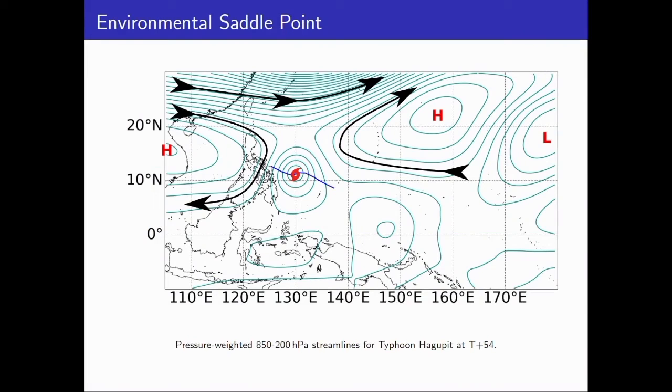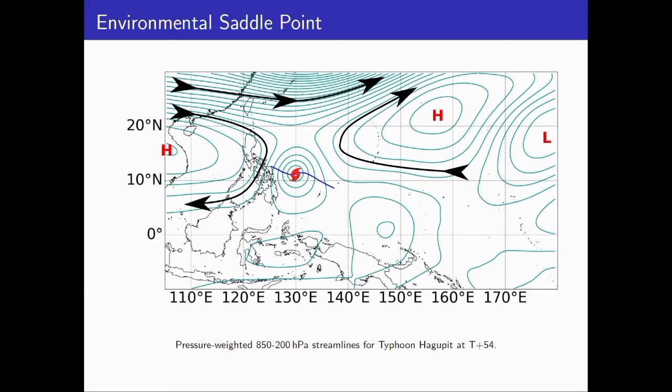So you can think this high pressure system wants to drag the storm to the north, make it recurve away from the Philippines, compared to the east, where the high pressure system is trying to drive the storm across the Philippines. And this is what we've seen in our original ensemble forecasts. So it suggests that if you change the position of the storm relative to the high pressure systems, you're going to get a different track forecast. It's going to be very sensitive to the storm position. And that's what we wanted to investigate.